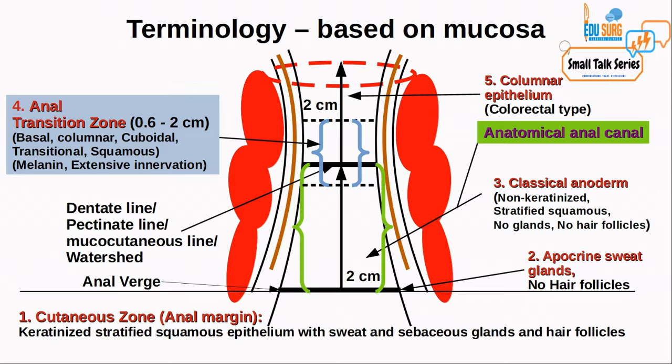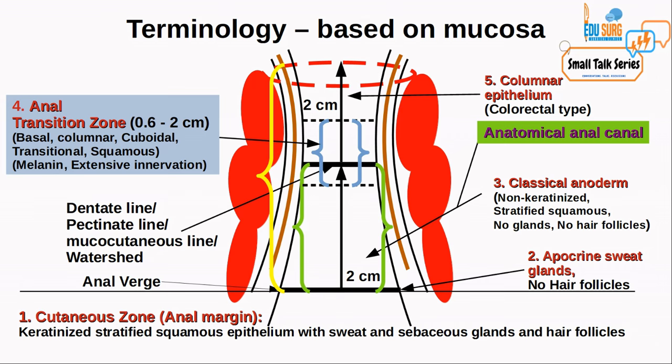So in the definition, when you are asked in the exam about the anal transition zone, the word uninterrupted is very important. So it is a zone between uninterrupted columnar mucosa above and uninterrupted stratified squamous epithelium below, right?